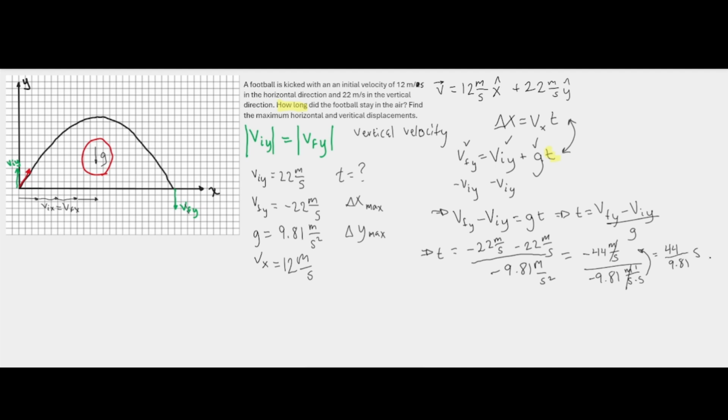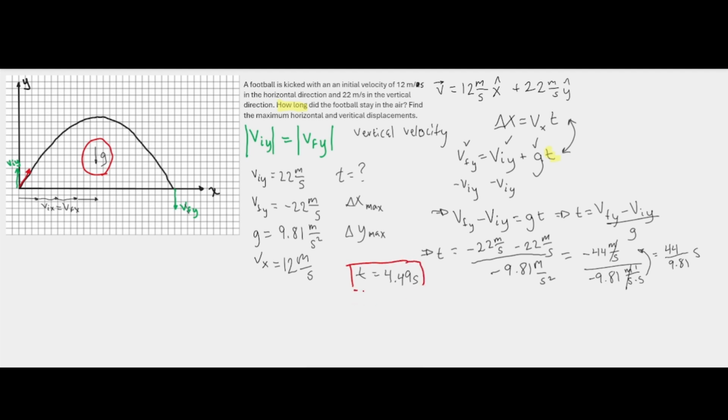And I'll put that in my calculator here. It's going to give us a decimal value. So 44 divided by 9.81. And that to 2 decimal places, then t becomes 4.49 seconds. This is one of the quantities that we had to find.